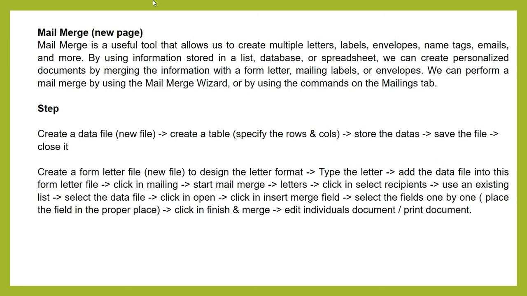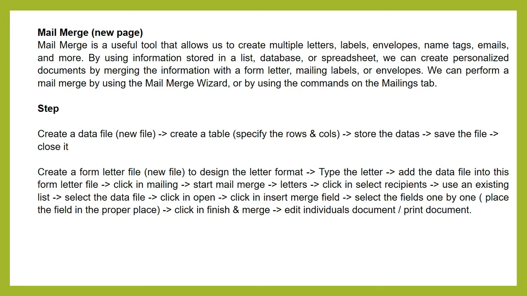Now see, mail merge is a useful tool that allows us to create multiple letters, labels, envelopes, name tags, emails and more. So by using information stored in a list, database or spreadsheet, we can create a personalized document by merging the information with a form letter.